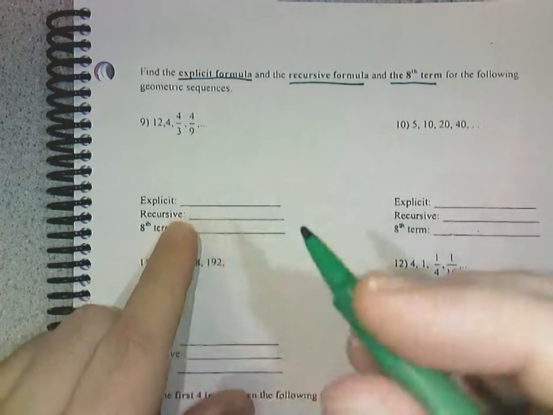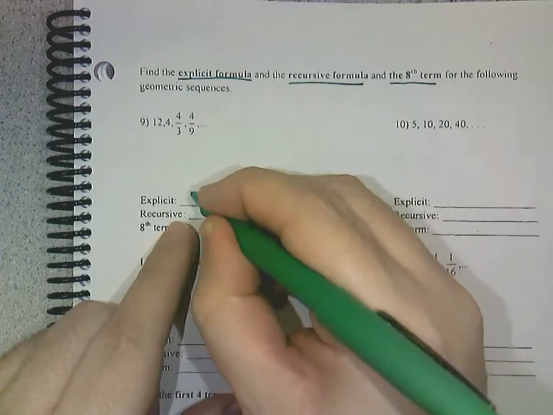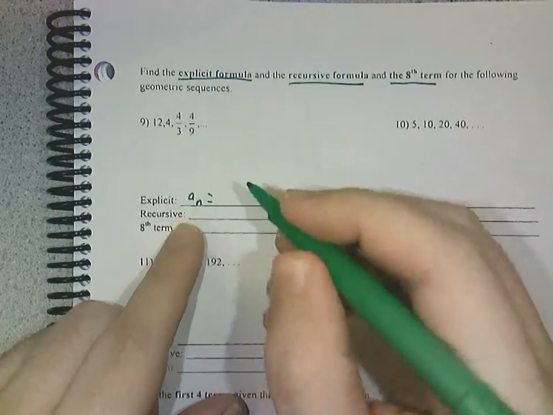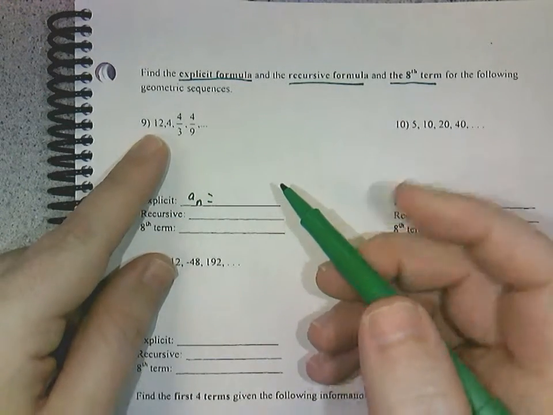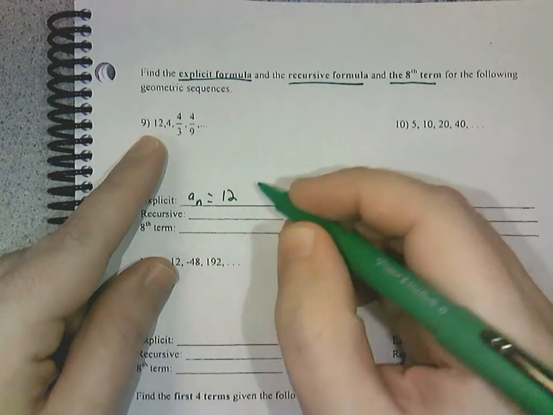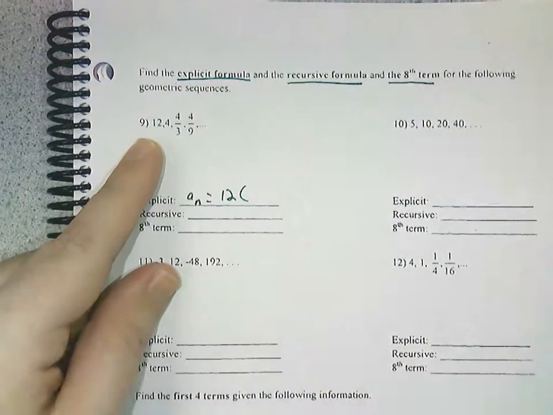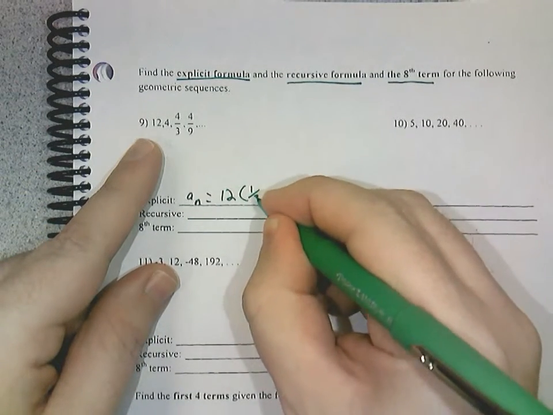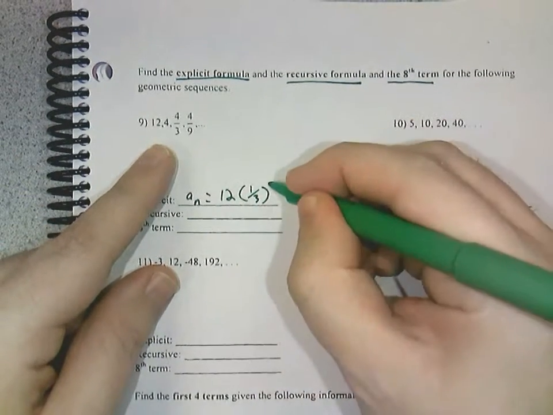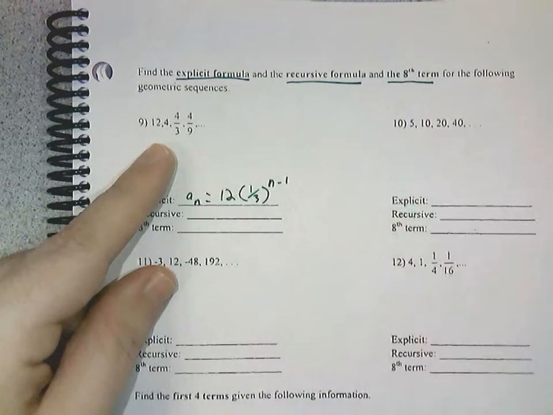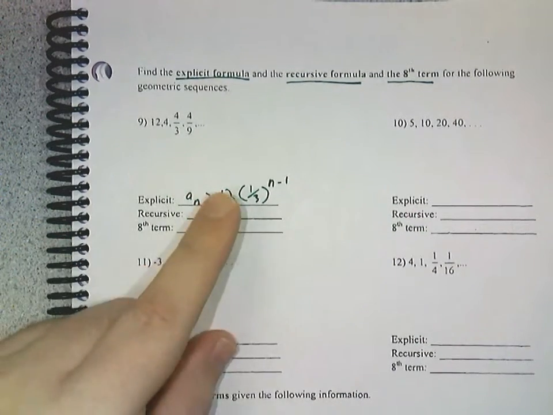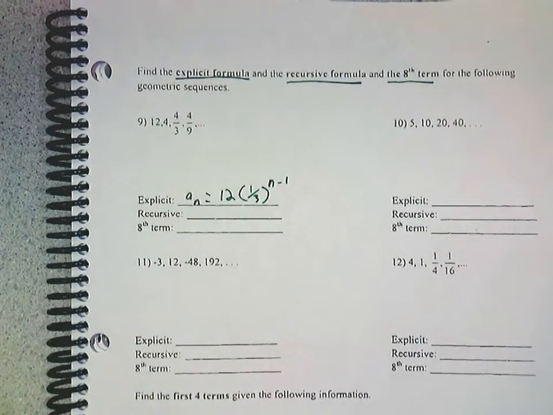Okay, so again, the formula for explicit is a sub n is equal to my first term, which is 12, times my common ratio, which is 1 over 3, raised to the n minus 1 power. There's my explicit formula.